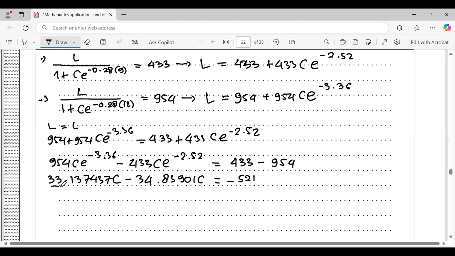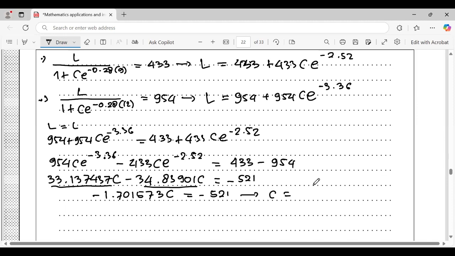And this number minus this number equals minus 1.701573 C equals minus 521.